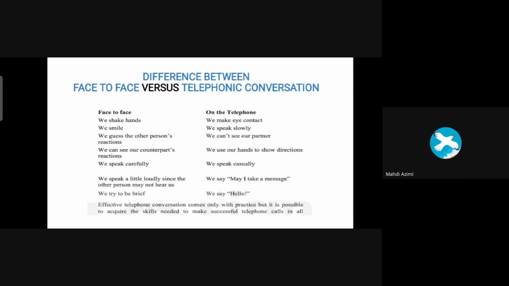Apart from that, in face-to-face conversation, we speak carefully, isn't it? And in telephonic conversation, sometimes we use a casual manner because we try to be friendly with that person, and then only the communication goes on.